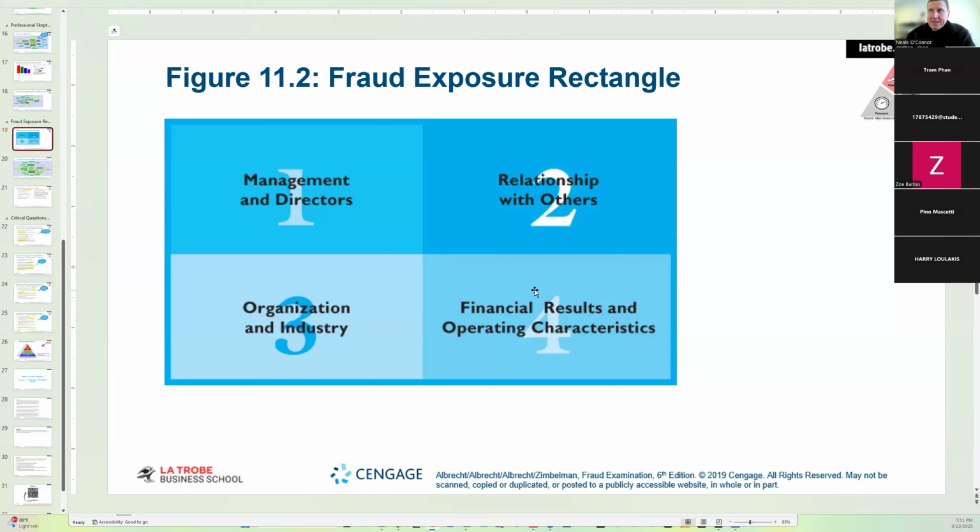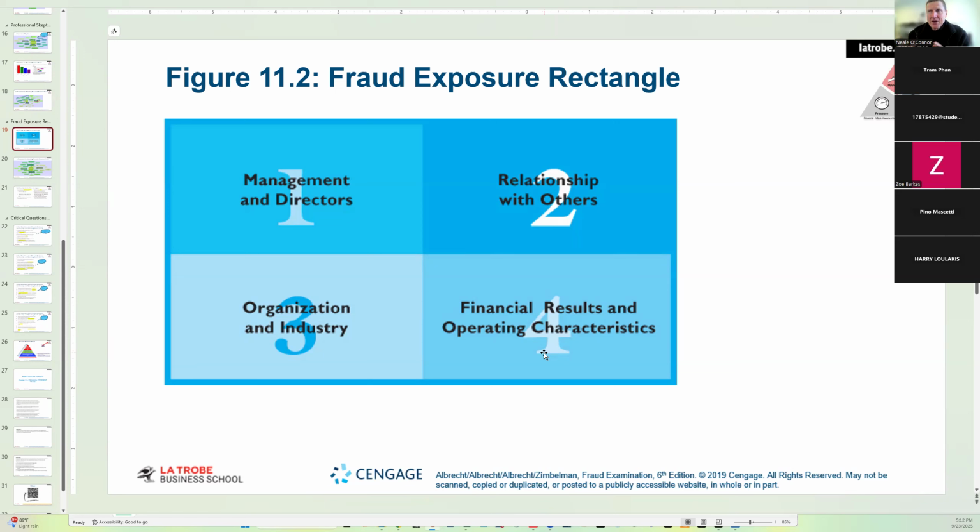And maybe it's the financial results and operating characteristics of the firm that force some fraud to occur, like a decline in profits, but you promised higher returns. So then you get into manipulating sales that are not there in order to satisfy the analysts and the shareholders. Well, in the short term anyway. All right. So this is some kind of symptoms map, but it's much more of an exposure.